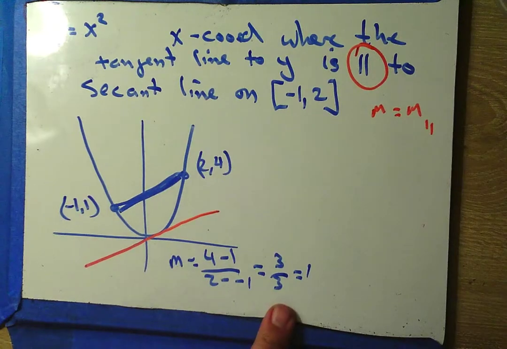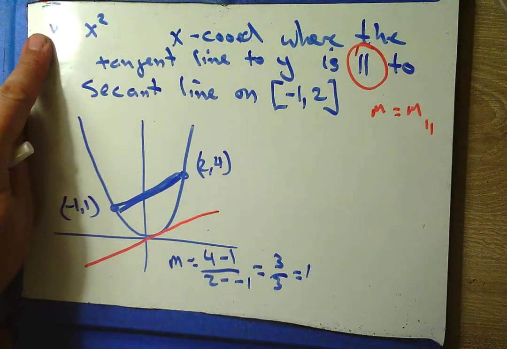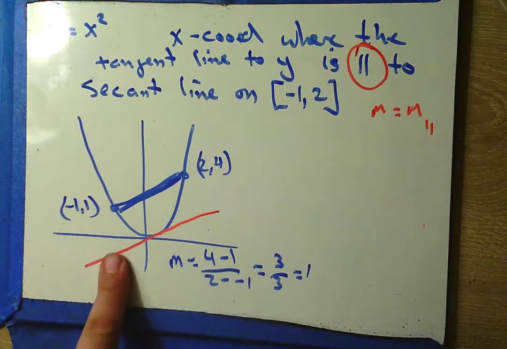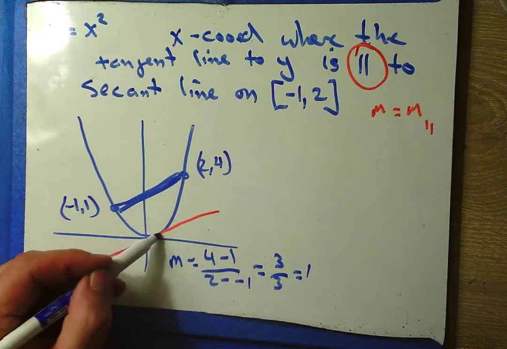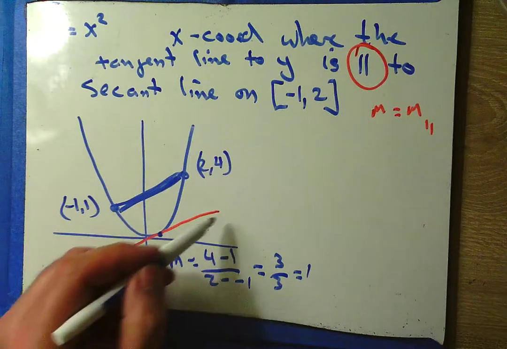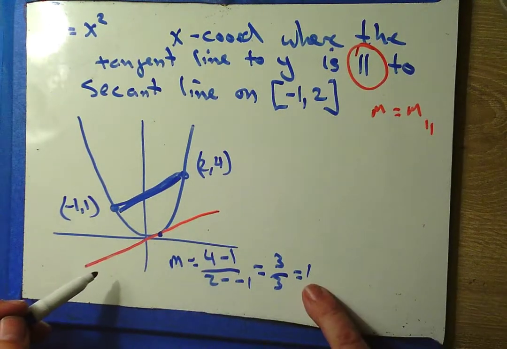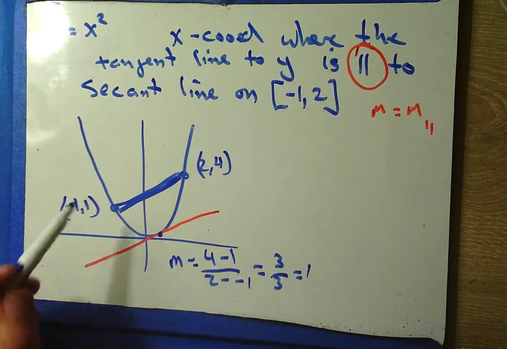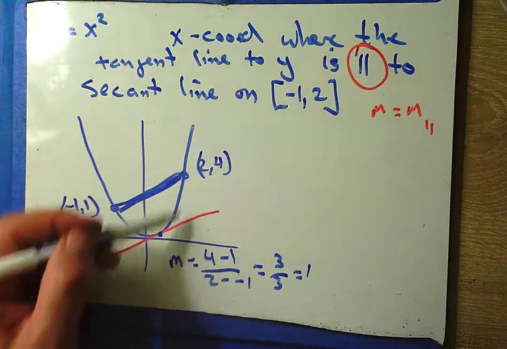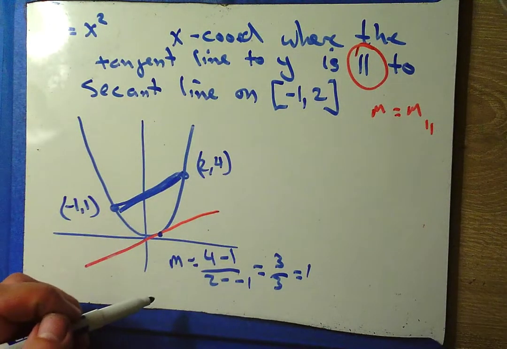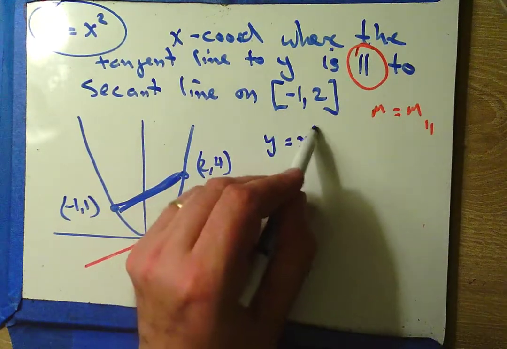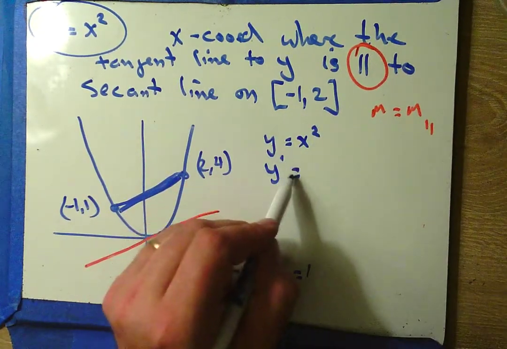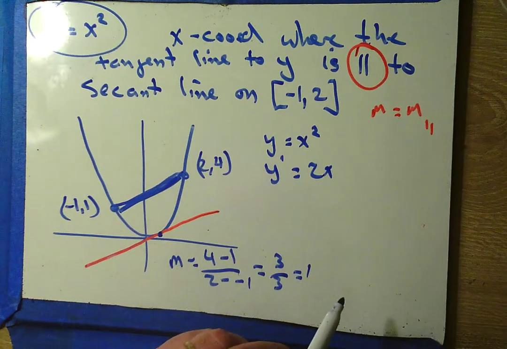So I'm wondering when this function has a tangent line whose slope is 1. Well, at the point of tangency, not only does the tangent line have a slope of 1, but the function has a slope of 1. So let's find the derivative of this function. If y equals x squared, then y prime will be 2x.